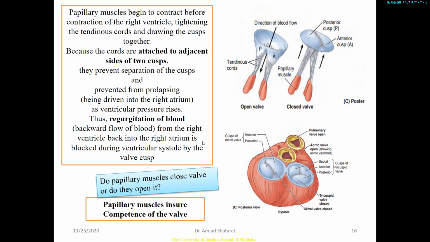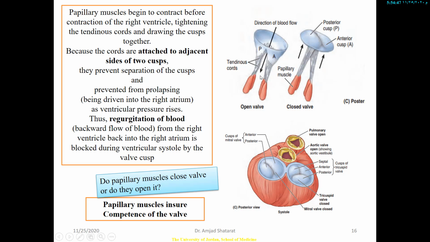There is always a question about the function of papillary muscles. If you look at the papillary muscles and their attachment to the cusps through the chordae tendineae, as it is here in this diagram, you may think that the moment the papillary muscle contracts, it would pull the chordae tendineae towards its attachment and open the valve.